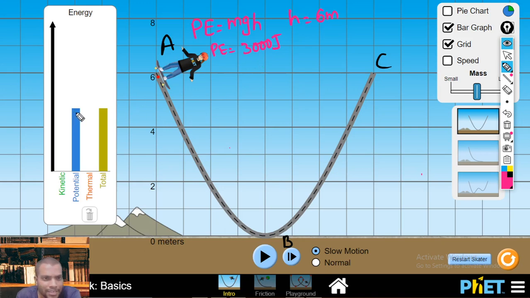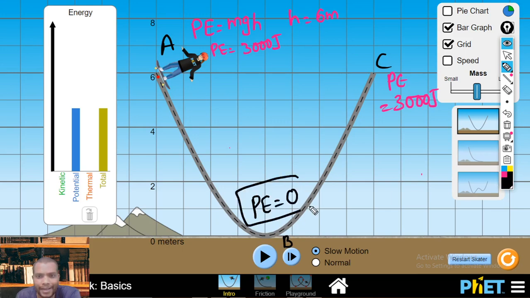So here potential energy is maximum. And when it comes to C, it is the same. So at C also potential energy equals 3000 joules. But when it comes to B, at the bottom of the hoop, potential energy equals 0.